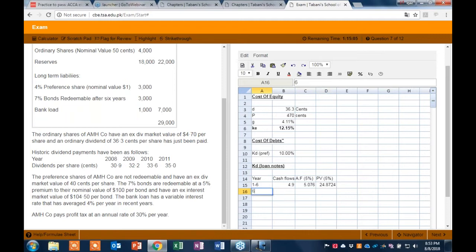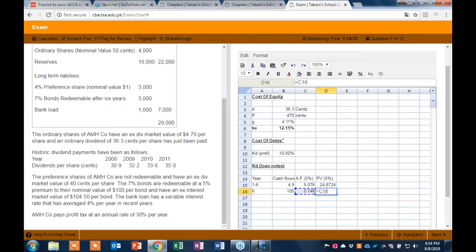Then at the end of the 6th year, the investor is going to receive 5% additional to its par value, which means he will receive $105, but it will be a lump sum, a single value. So to calculate the present value, we will be using the discount factor rather than the annuity factor. So if you can just tell me the discount factor at 5% for the 6th year. 0.746.